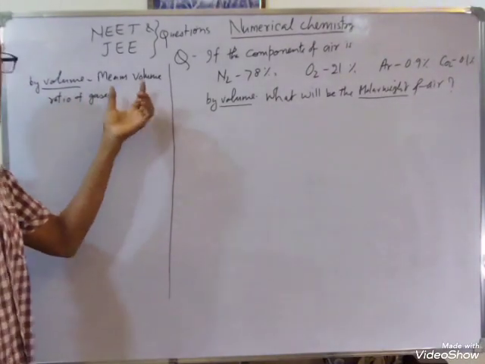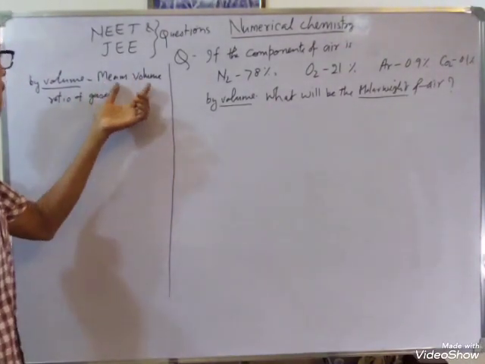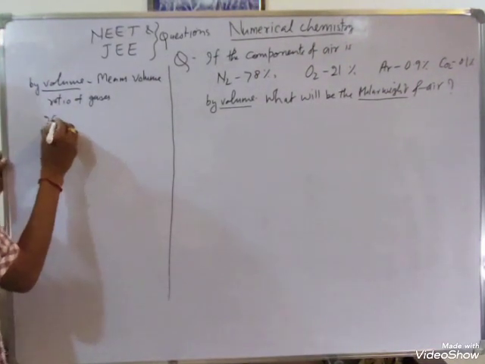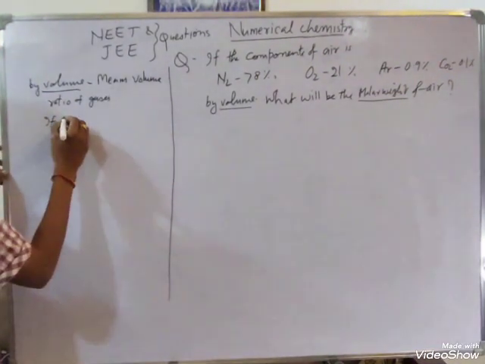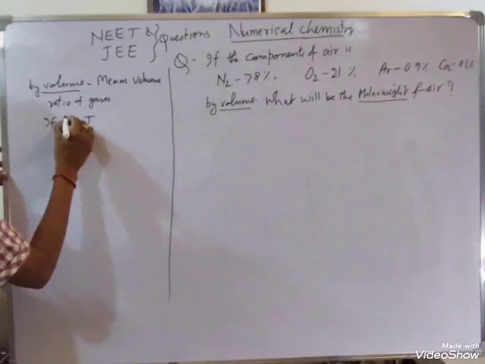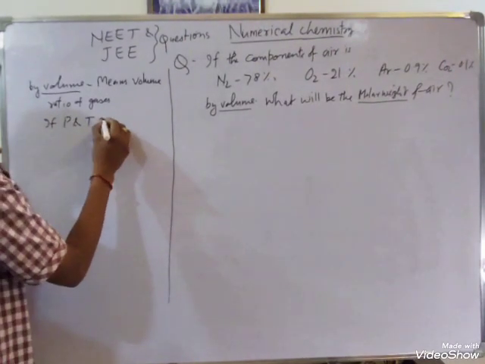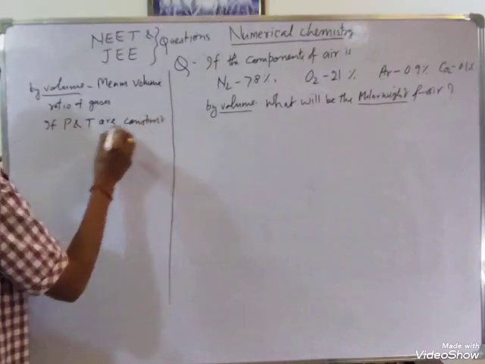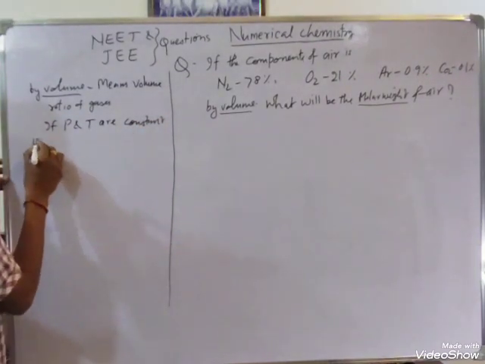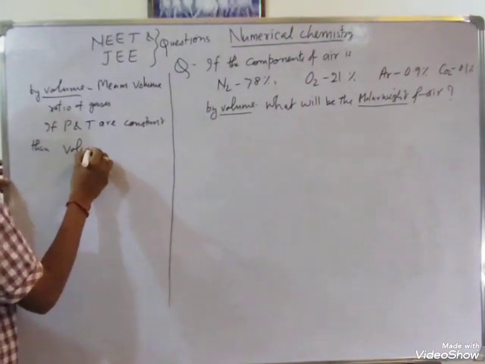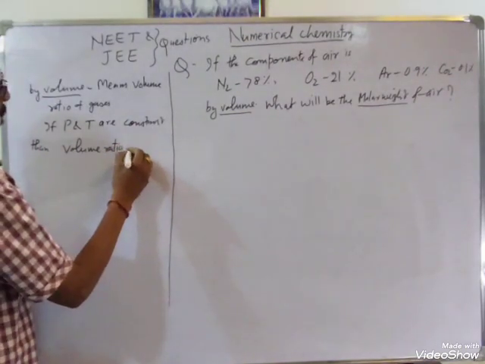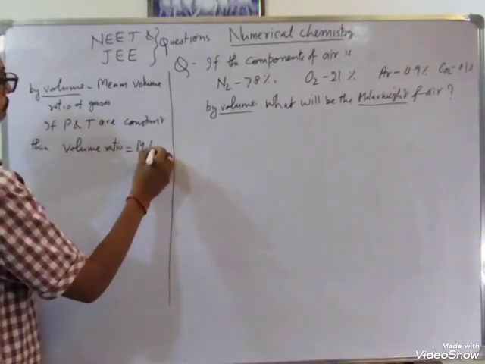Please note down, if P and T, pressure and temperature, are constant, then volume ratio equal to mole ratio.